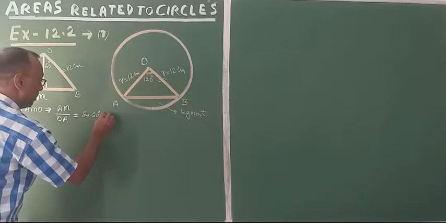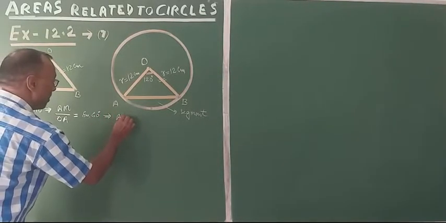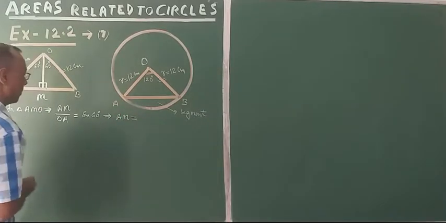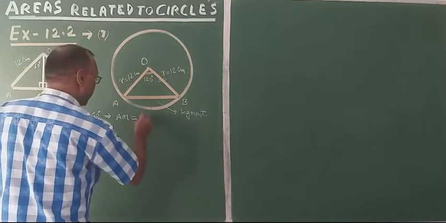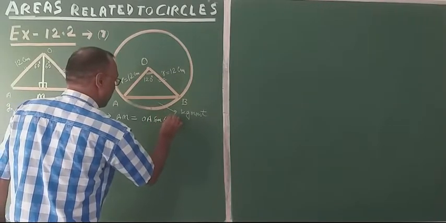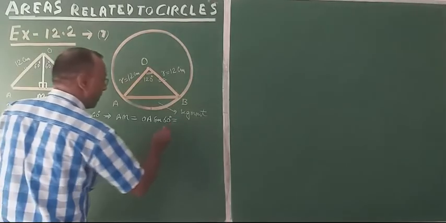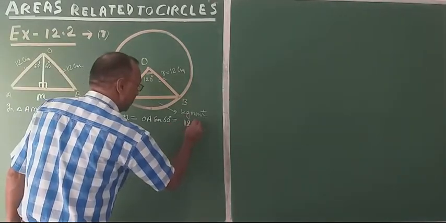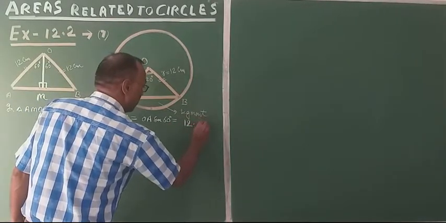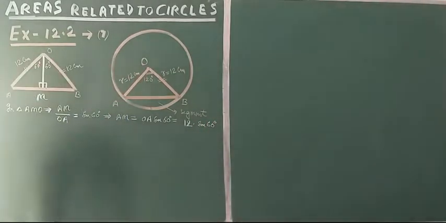that is sine 60 degree. So what will be AM? OA sine 60. OA is how much? 12. 12 into sine 60 degree.